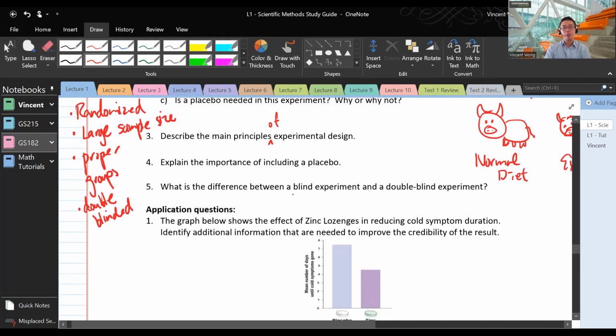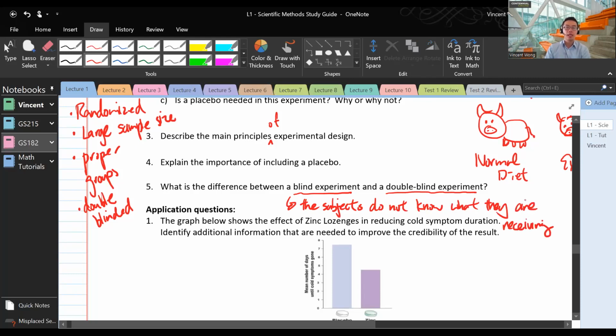What is the difference between a blind experiment and a double blind? For a blind experiment, the subjects, the people involved in the testing process, do not know what they are receiving.